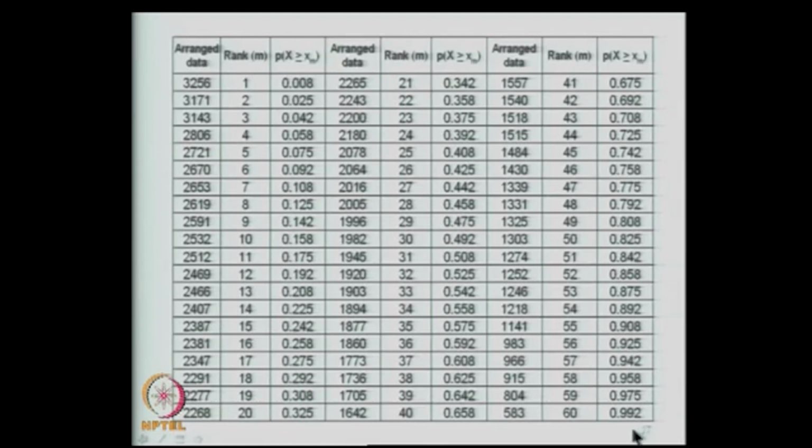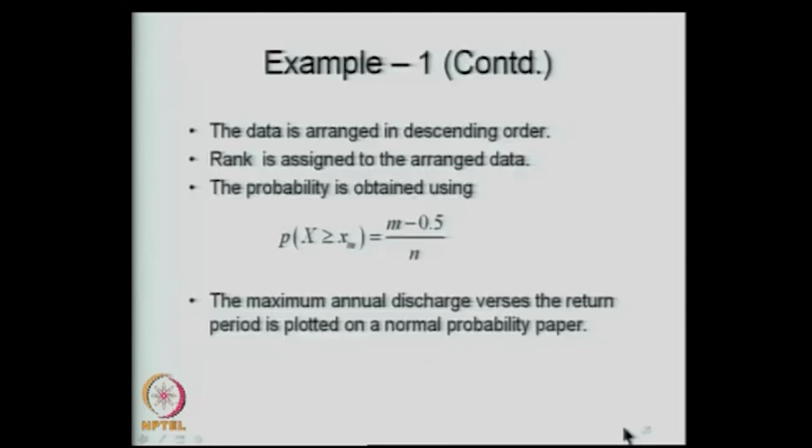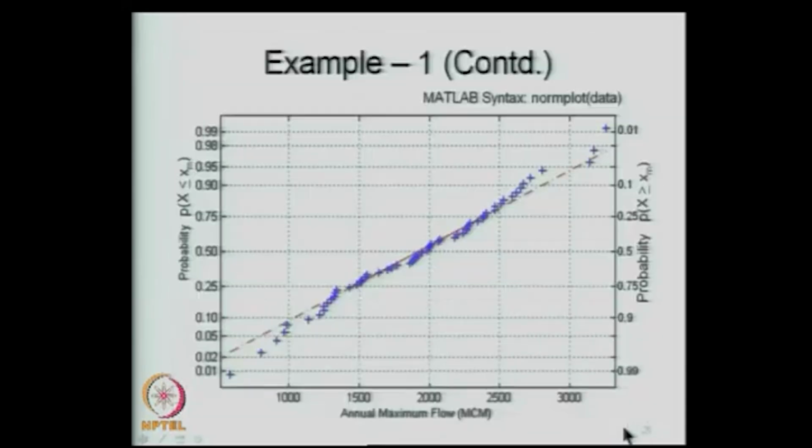And then we use the normal probability paper, which I had indicated earlier. Earlier, I had indicated the probability scales on the x axis. This differs and it is just based on your convenience. You can use either the x axis to indicate your data or the x axis to indicate the probabilities.